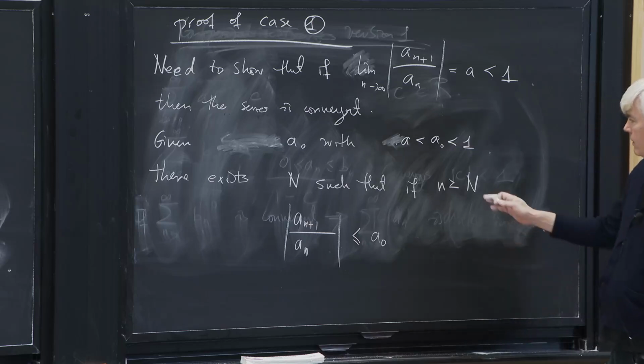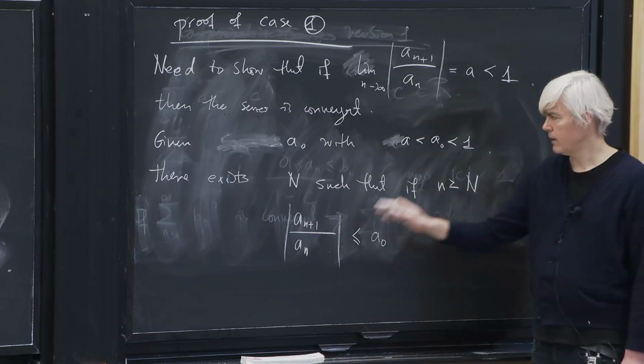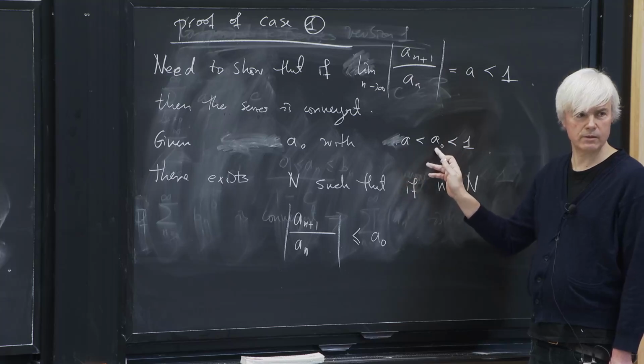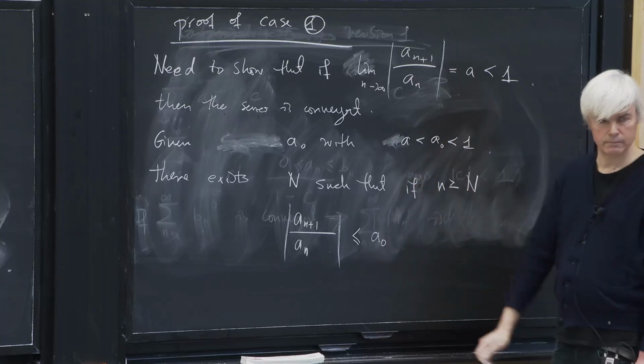Because if you're very far out, then this ratio is going to be very close to A, but A is strictly less than A0.